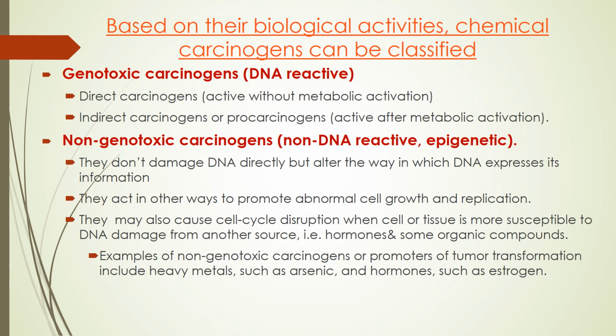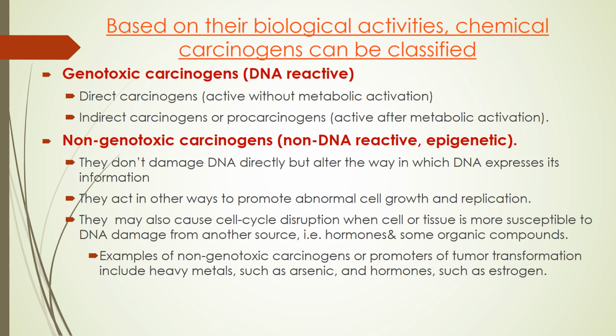Based on their biological activities, chemical carcinogens can be classified into genotoxic carcinogens, which are DNA reactive, and non-genotoxic carcinogens, for example, non-DNA reactive or epigenetic. Direct carcinogens activate without metabolic activation, as we have seen earlier. Indirect carcinogens or pro-carcinogens become active after metabolic activation, and by which enzyme system?